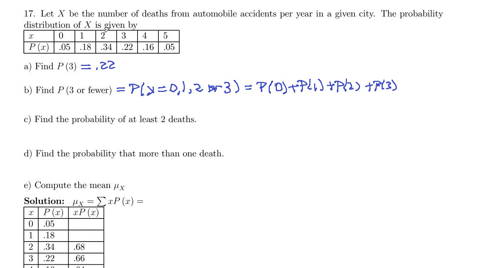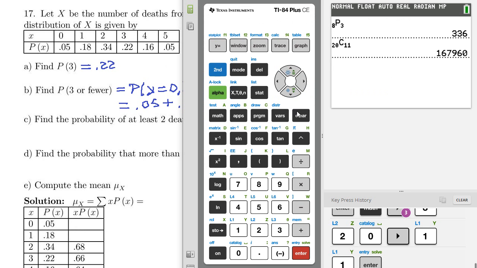So 0, 1, 2, and 3, that's 0.05 plus 0.18 plus 0.34 and plus 0.22. And we'll sum those up.